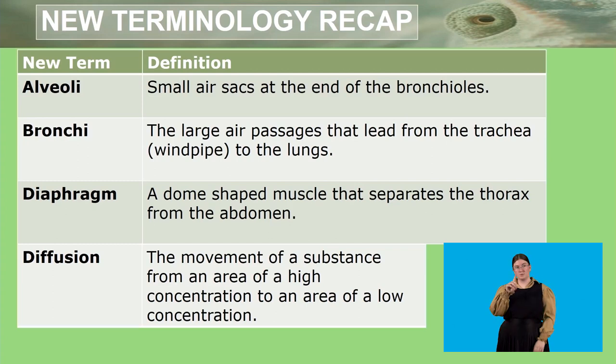We learned about the diaphragm, which is a dome-shaped muscle that separates the thorax from the abdomen. Now, a thorax is the upper part or the chest part of the body, and the abdomen being the lower part of the body. We learned about the process of diffusion, which is the movement of a substance from an area of a high concentration to an area of low concentration.